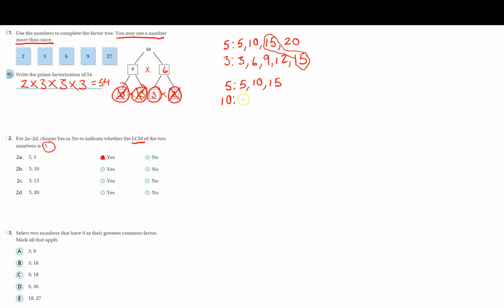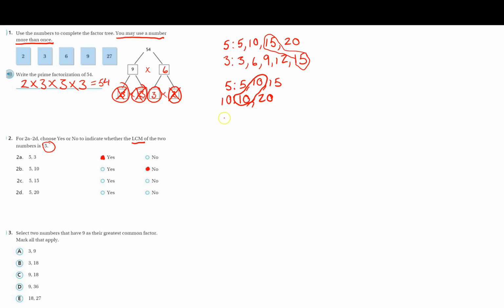So I'm only going to go to 15. 10, 20. So I'm past 15. These two have a number in common of 10. And the question, though, wants to know, do they have the smallest number in common being 15? So no, these two numbers have 10 as the LCM, so that would be no, those do not have 15 as the smallest or the least common multiple.